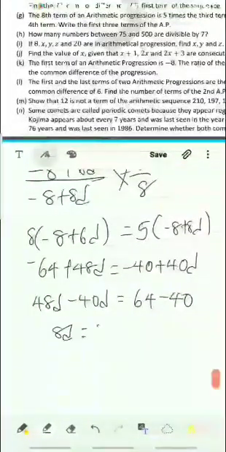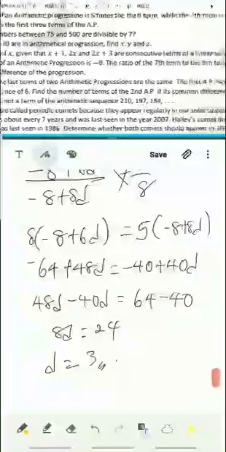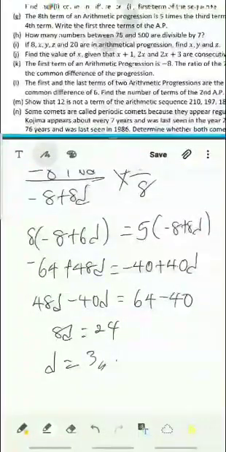So 8d equals 24. Then d is equal to 3. So the common difference of the progression, d, is equal to 3.